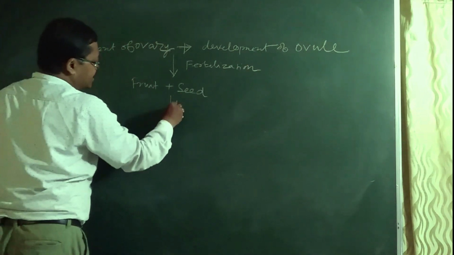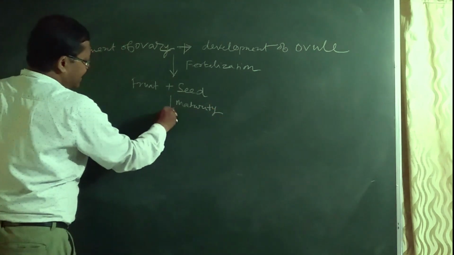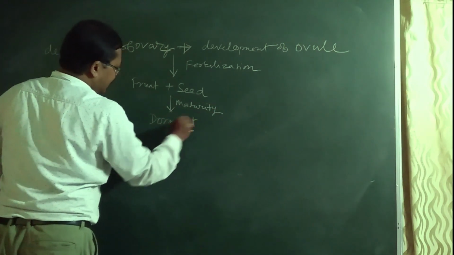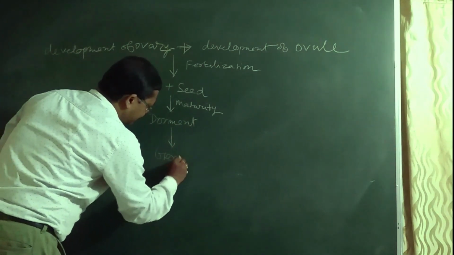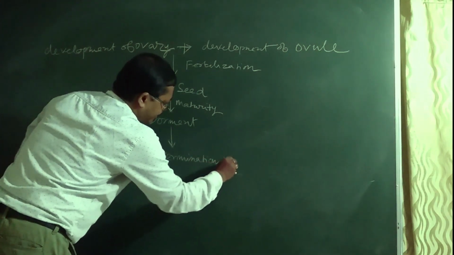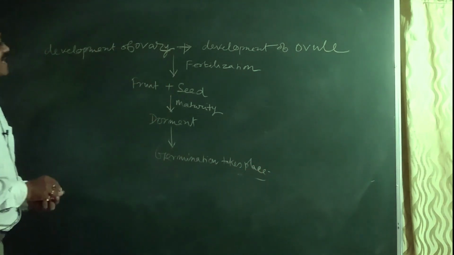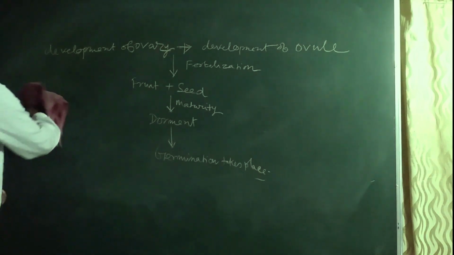The seed reaches maturity and enters into the dormant period. Later, from dormancy, germination takes place. These are the steps for developing a small plantlet.